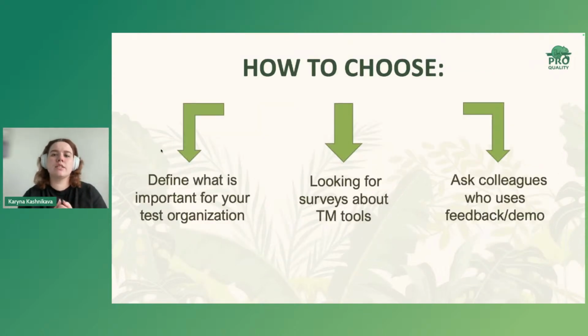Also, during test case management selection, after you find the answers to the previous questions, you need to choose the system. You can use the next sources for information. You can look for surveys about test management tools in your company or on the internet. Also, you can ask colleagues for feedback or for a demo of some test management system in which you are interested.